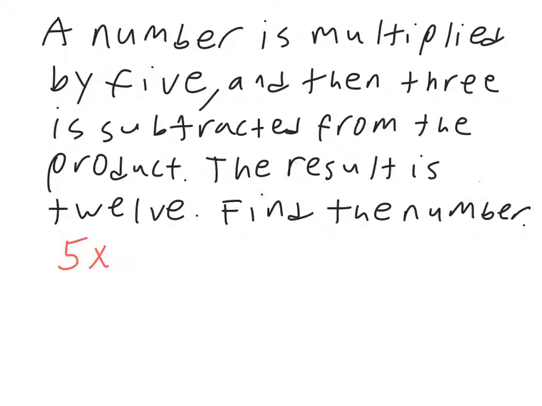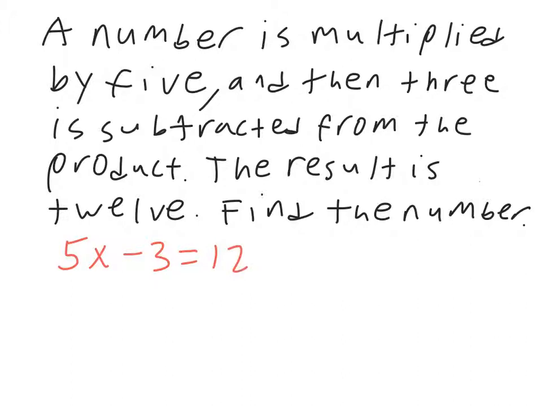And then 3 is subtracted from the product. So 3 is subtracted from the product of 5 times x. So here we have 5x and then minus 3. The result is 12. So result means equals. So equals 12.